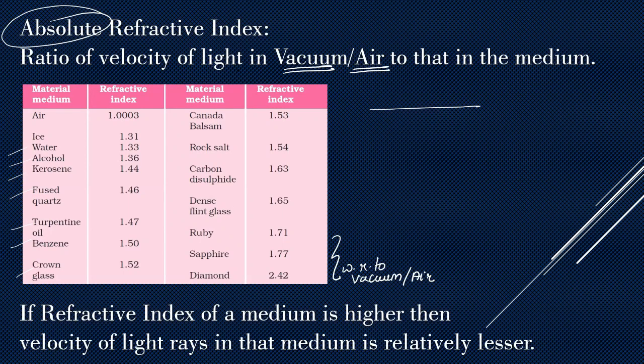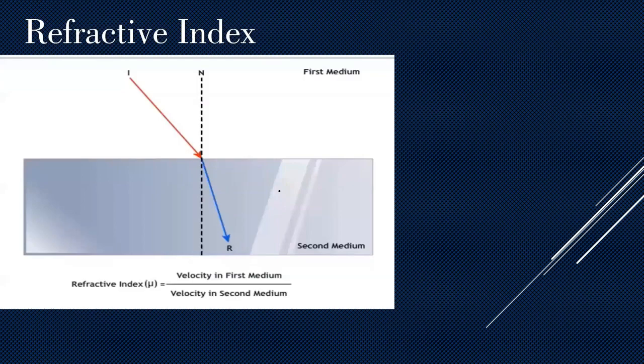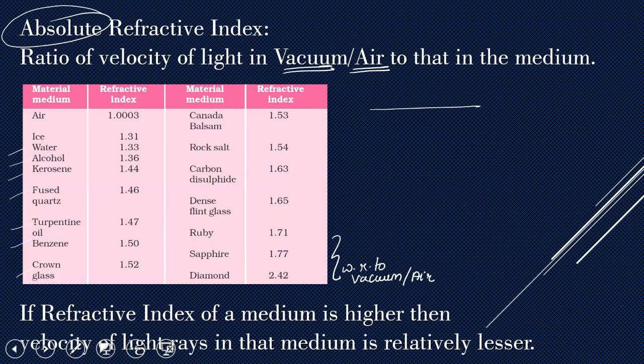That is the ratio of the velocity of light in vacuum to the velocity of light in that particular medium. This is your medium, any medium of these, and this will always be vacuum or air. The first medium always needs to be vacuum or air, because air is the rarest medium that we have.